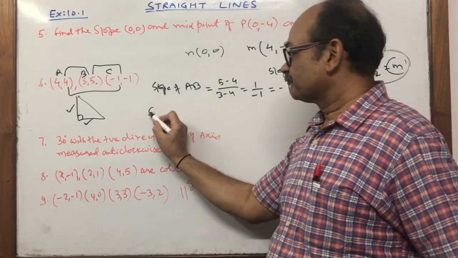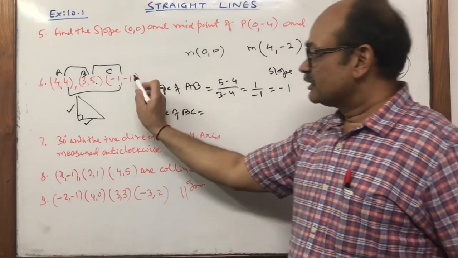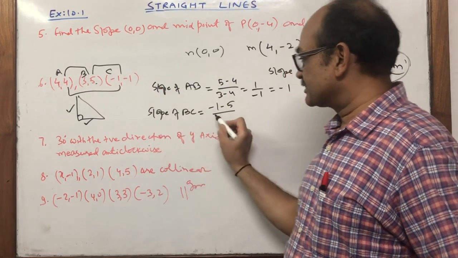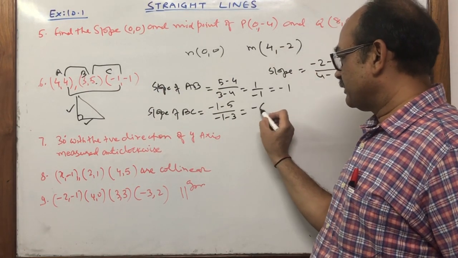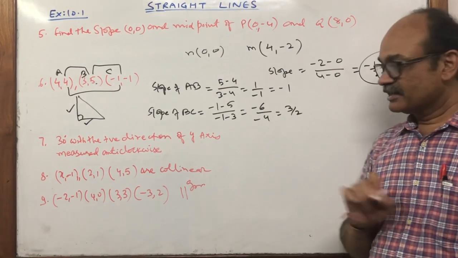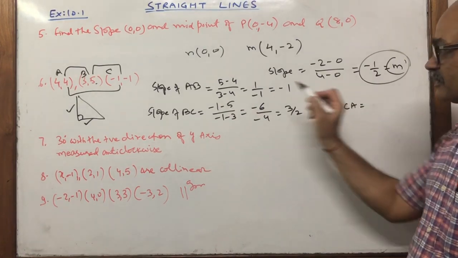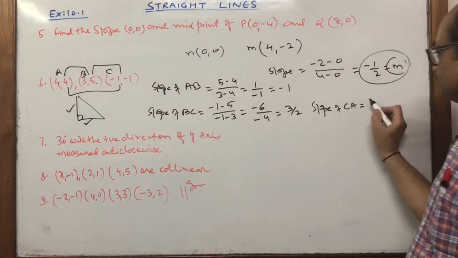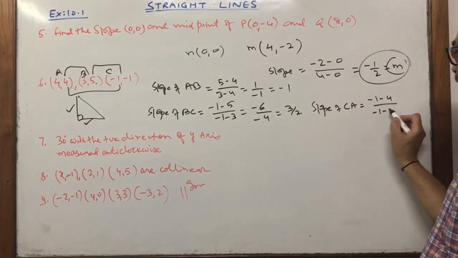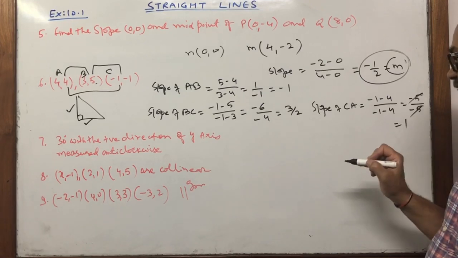Slope of BC will be y2 minus y1 over x2 minus x1, minus 6 divided by minus 4, that is 3 by 2. And slope of CA, y2 minus y1 divided by x2 minus x1, we are getting minus 5 by minus 5, that is 1.